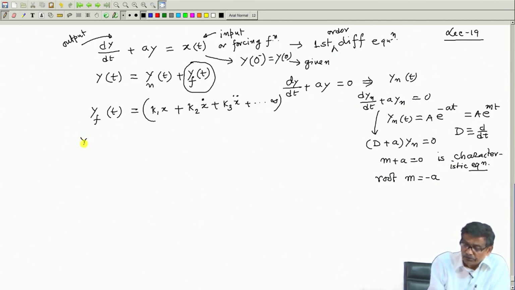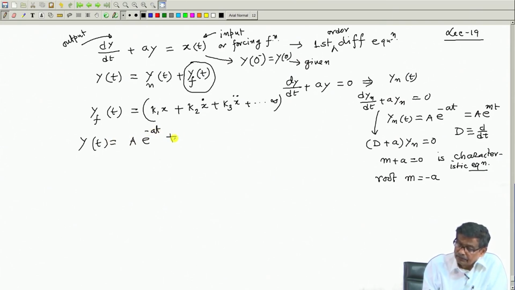So, the total solution y t then will be a into e to the power minus a t plus k 1 x plus k 2 x dot plus k 3 x double dot up to infinity.